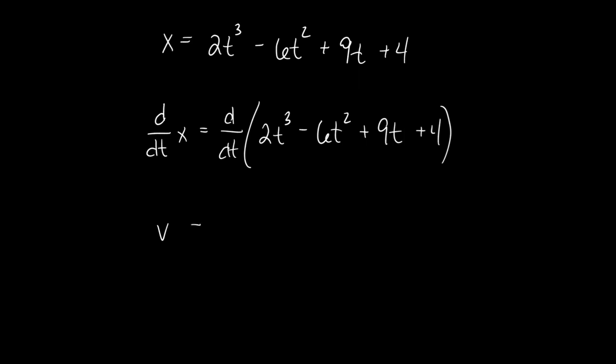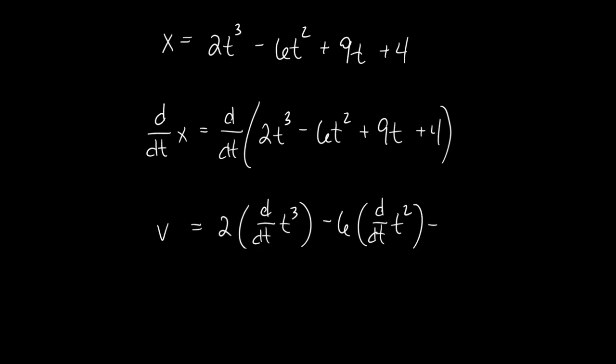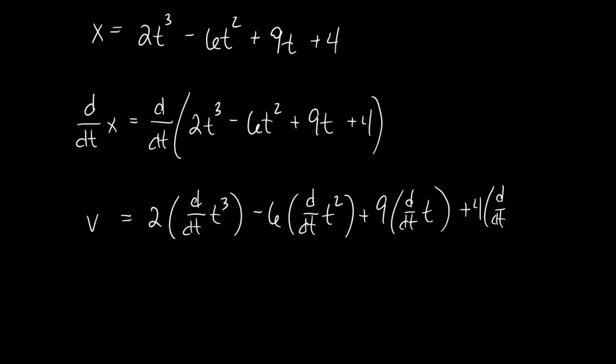The right side, I have to use the distributive property. So I'll pull the constant out, but that'll be d/dt of t cubed minus 6 d/dt of t squared plus 9 d/dt of t plus 4 d/dt of, there's an implied 1 there.